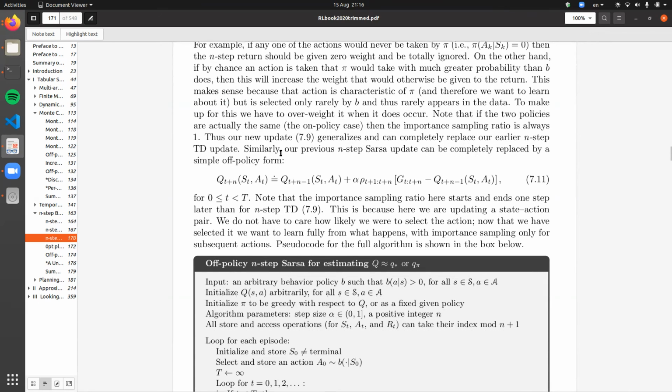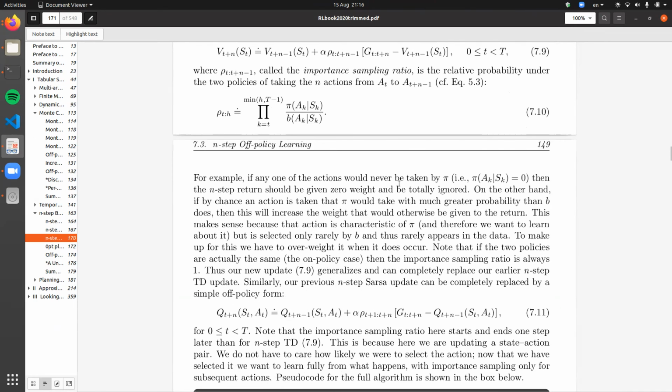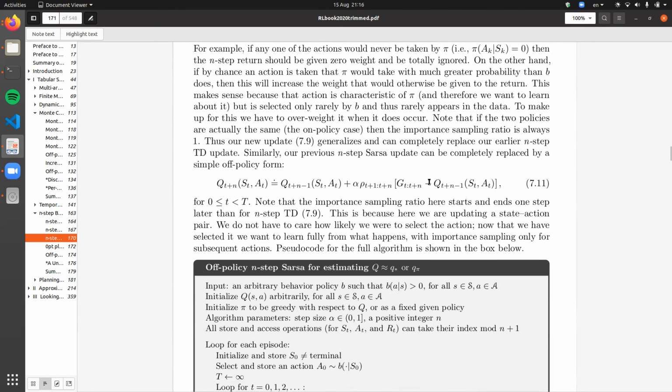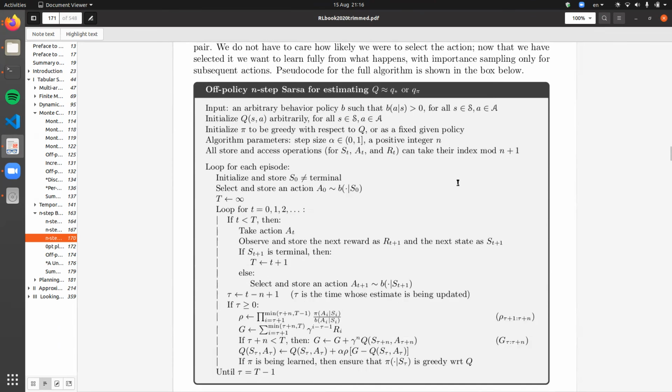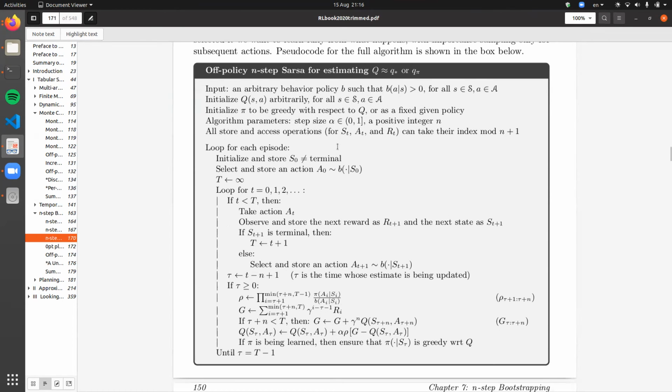And here you can see the equation for the off-policy variant of n-step Sarsa, and it's just the same as before, but with the action value function instead of the state value function. Okay, and in terms of algorithms, we will have another policy to keep track of. So we will have our greedy policy and our behavioral policy.